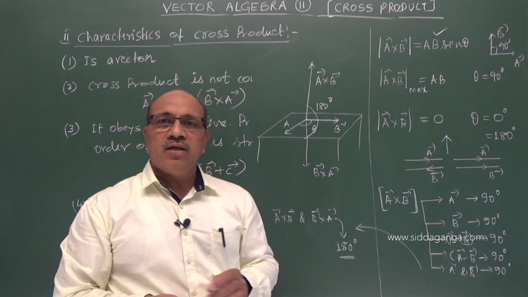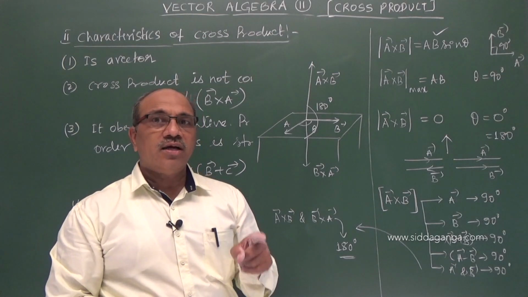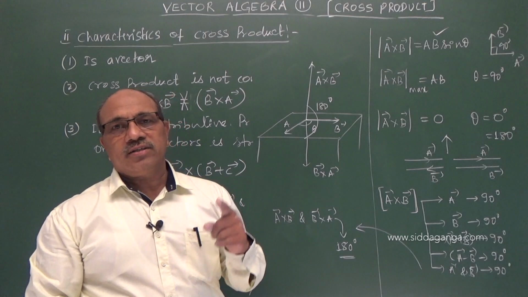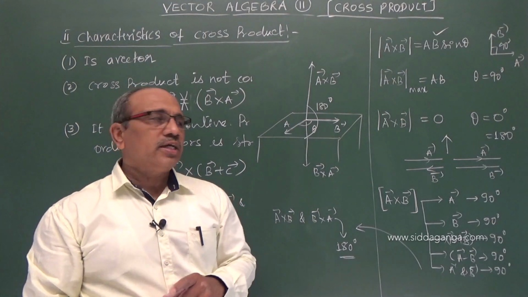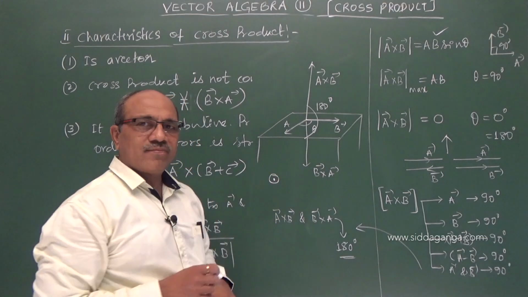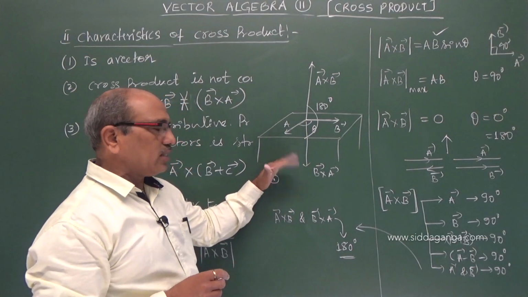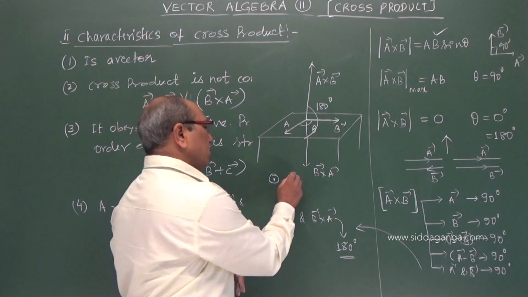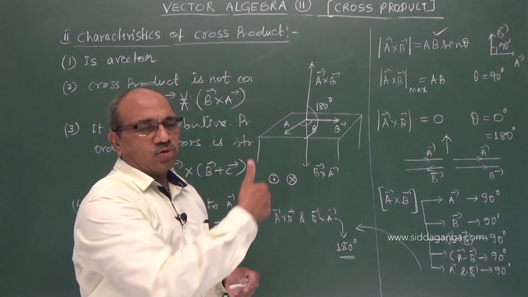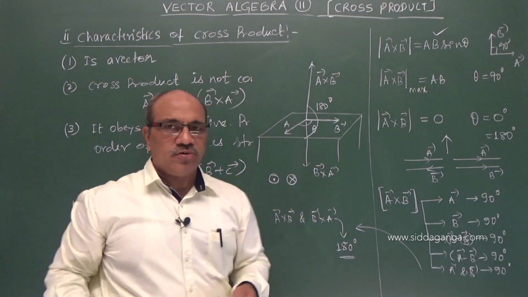Direction is given by either the right hand screw rule or the right hand thumb rule. And showing the direction, if the vector comes out of the board, you dot it. The direction is perpendicular to the plane if the two vectors are in the plane. And if it goes into the board, you put a cross mark.